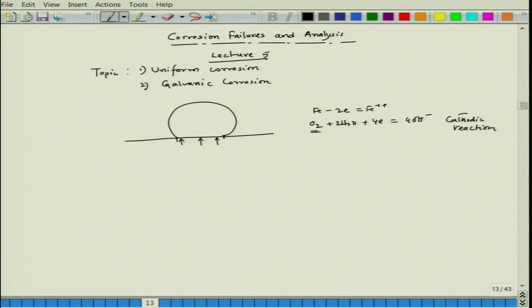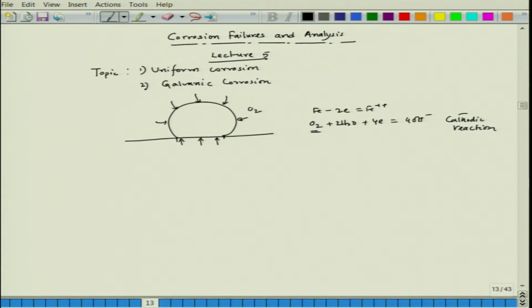If oxygen concentration goes down, that depletion of oxygen needs to be met by the diffusion or migration of oxygen from the atmosphere. And the migration, as I have told you, happens because of the diffusion effect. So, it is a time consuming process.